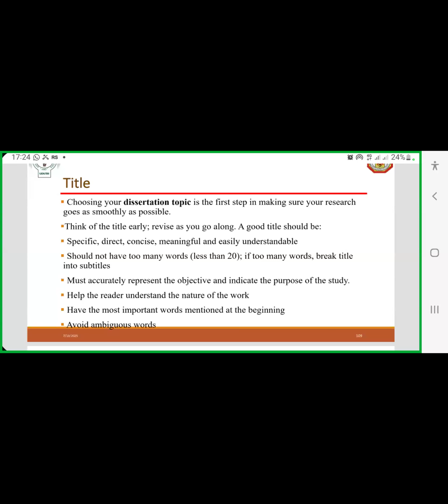And a title must contain the study population, the area, or the community, the name of the community, or the name of the area that you want to study. If you want to study in UDUTH, you have to specify the area that is in UDUTH.